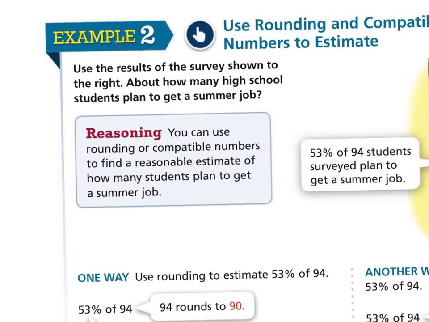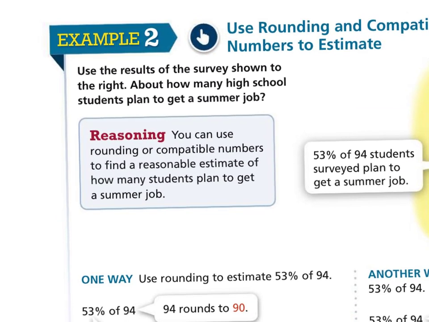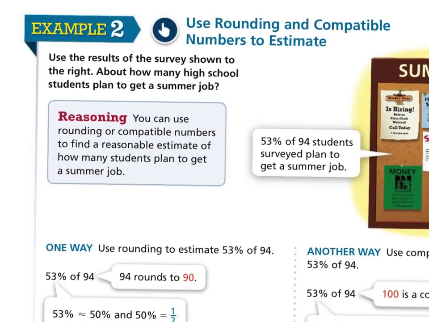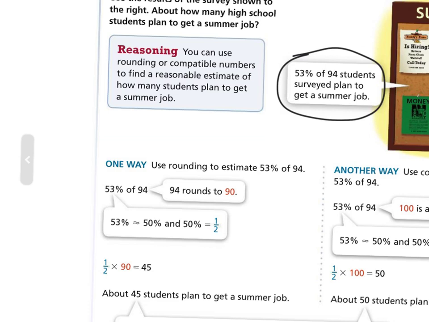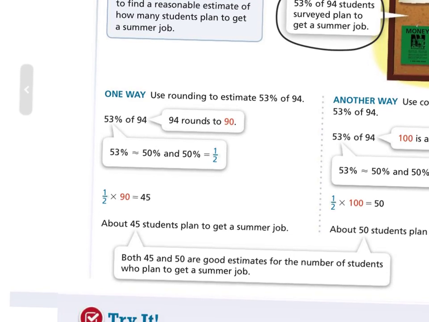Example 2: use the results of the survey shown to the right to estimate about how many high school students plan to get a summer job. If you look over here, it says 53% of 94 students surveyed plan to get a summer job. So there are different ways we can do the rounding.